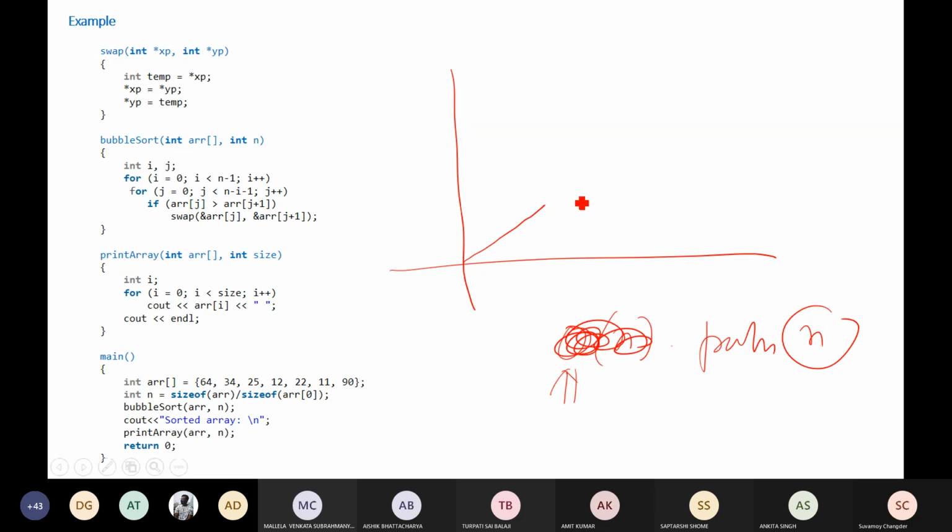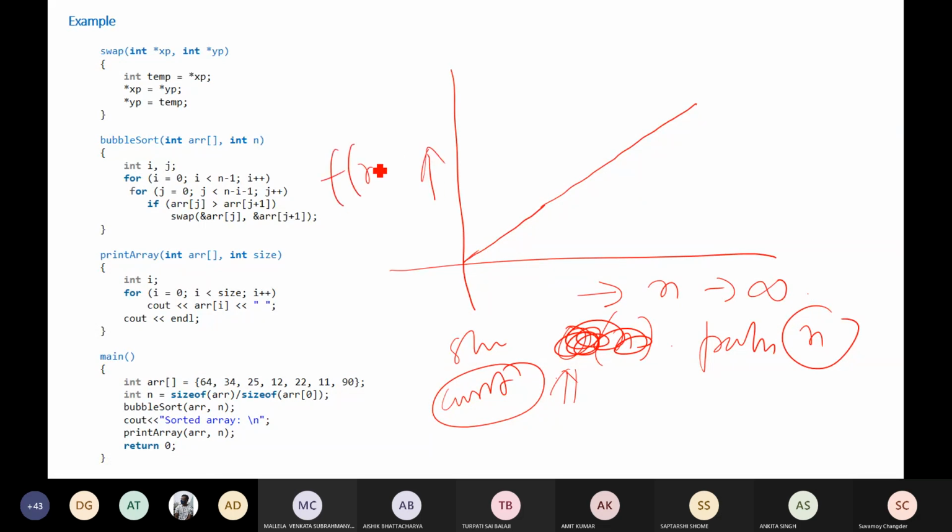We may get a straight line here. So if you go for finding the slope, it is a constant. So it is constantly increasing when n tends to infinity. So this is T(n), time complexity, and this is n. Now if it is n log n, then you will find that after a few times it is increasing like this.